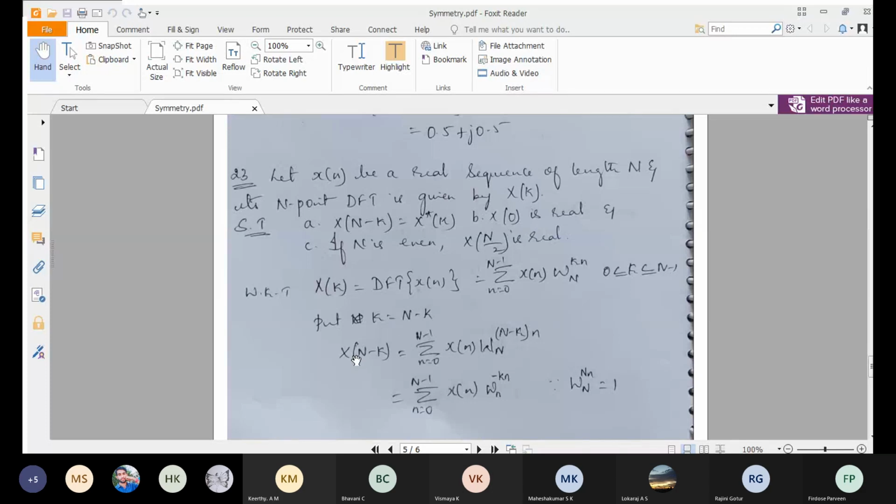When you put k equal to N minus k, X of N minus k is equal to the summation n equal to 0 to N minus 1 of x of n, W_N to the power of N minus k times n. When you multiply this, you get W_N to the power of minus kn, and W_N to the power of N into n. We know that W_N to the power of N into n is always equal to 1.